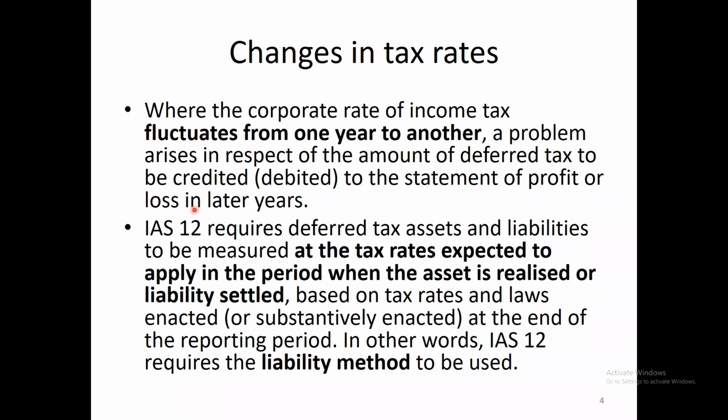I explained earlier, in the initial stage we credit deferred tax liability and debit deferred tax expense. But in the future year, we have to cancel it off. Therefore the deferred tax account is credited and the deferred tax liability is debited.